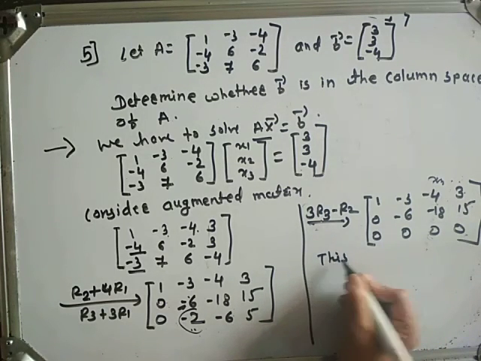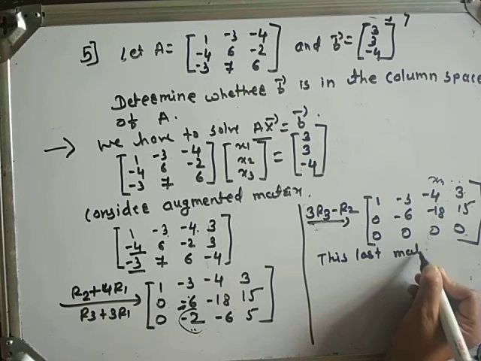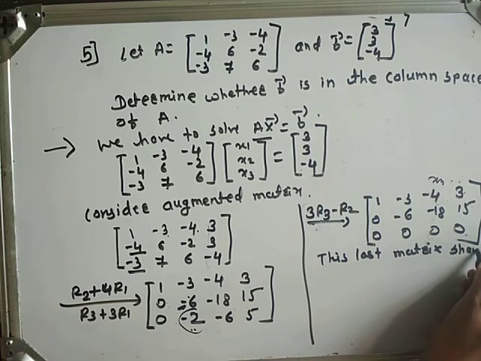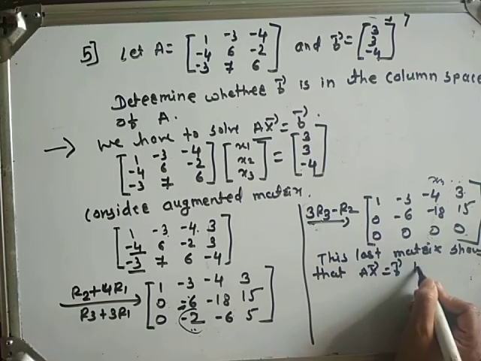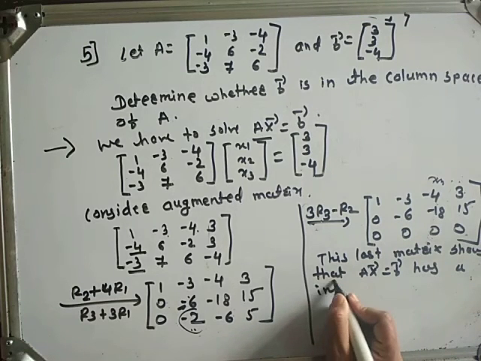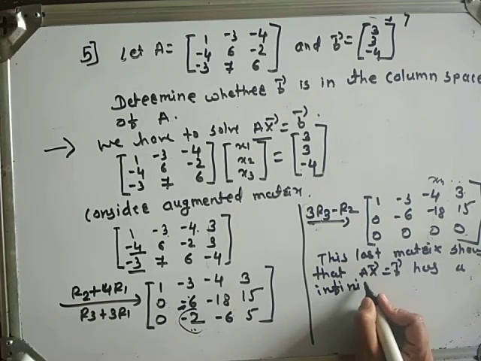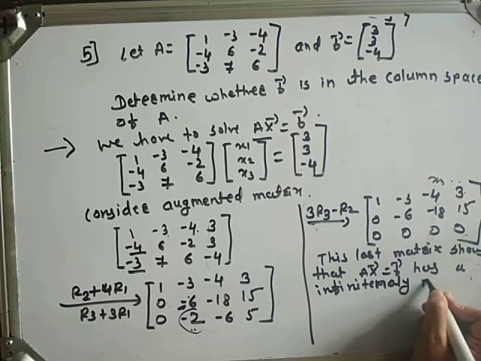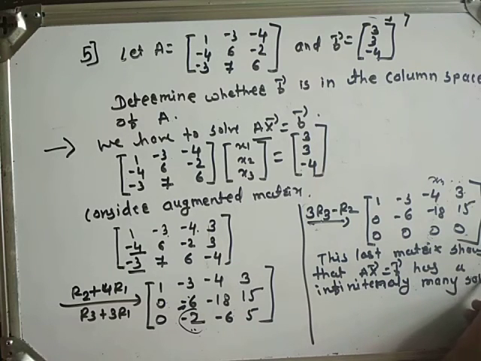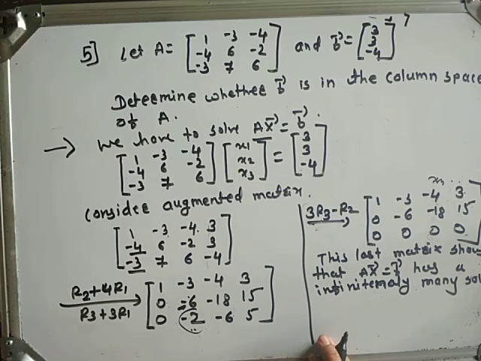This last matrix shows that A into x bar is equal to b bar has infinitely many solutions.